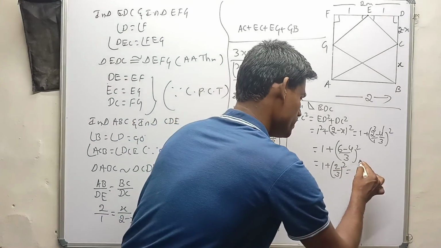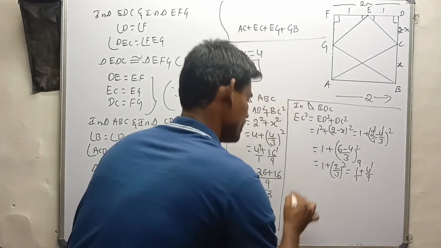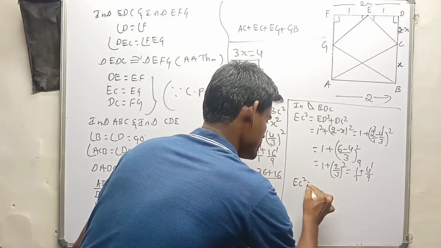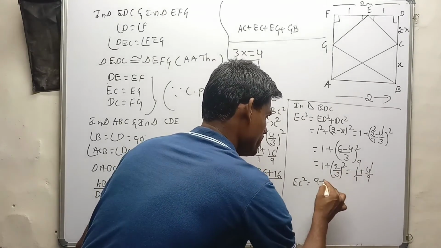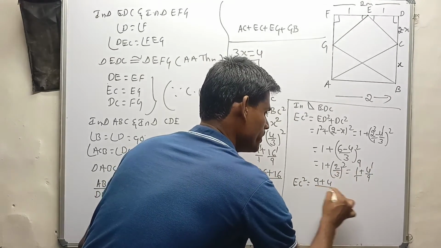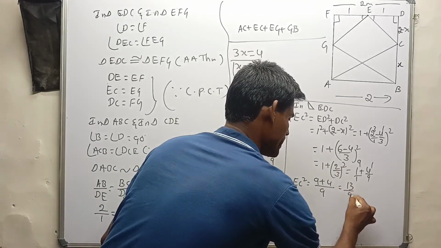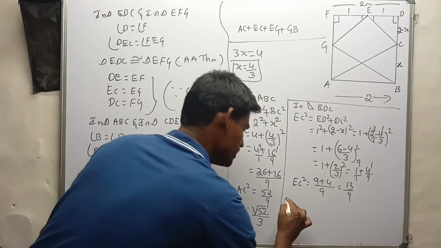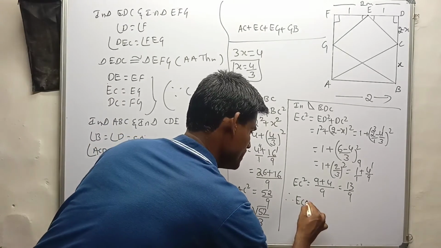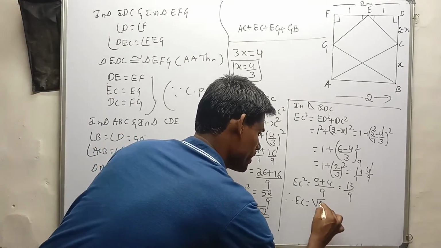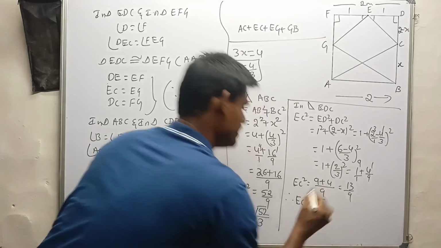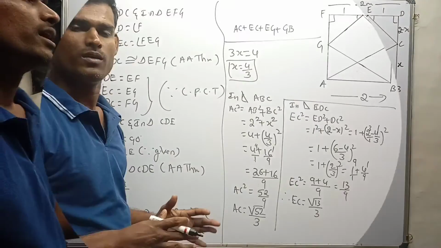So 1 9s are 9. So EC square equals 1 into 9, 9, plus 4 1s are 4, divided by 9, which is equal to 13 by 9. Therefore, the length of EC equals square root of 13 divided by 3.